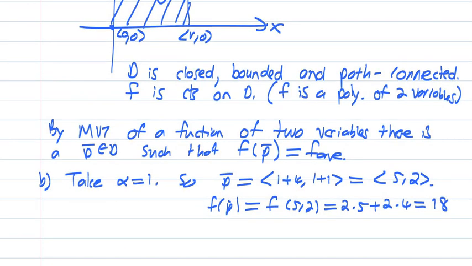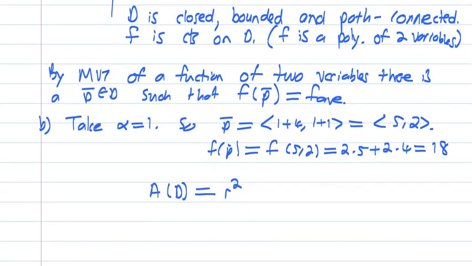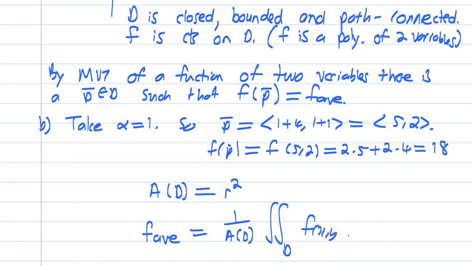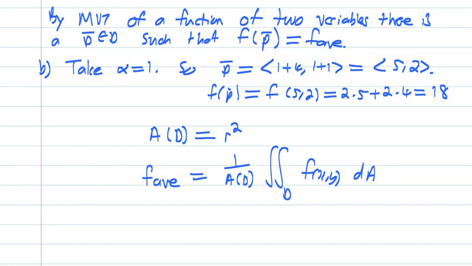All right, now to work out F average, you need a lot of things. All right, you need the area of the region. So it's a square of size r, so the area would be r squared. And now we know that the formula for F average is 1 over the area, times the double integral over region D of f dA. All right, so let's quickly do this double integral.